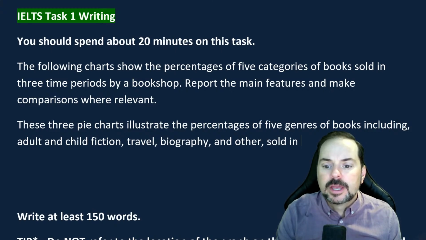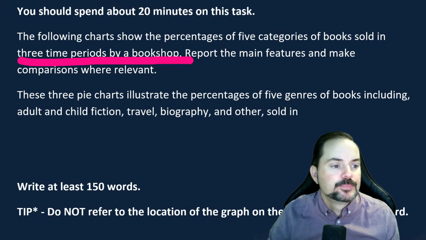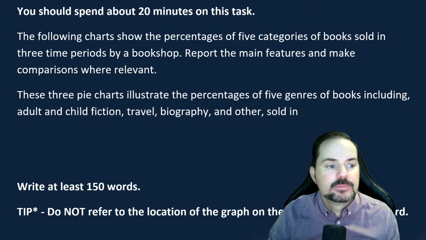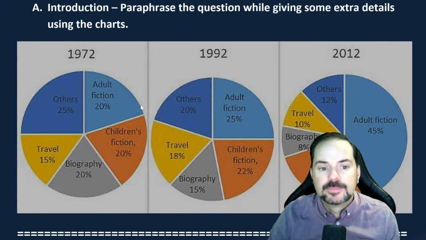sold in, and then here it says 3 time periods. Okay, so 3 time periods by a bookshop. Let's check what those time periods are, and let's check what that bookshop might be called if it has a name. If not, we'll just refer to it as a bookshop. So do we see the bookshop? No, we don't.